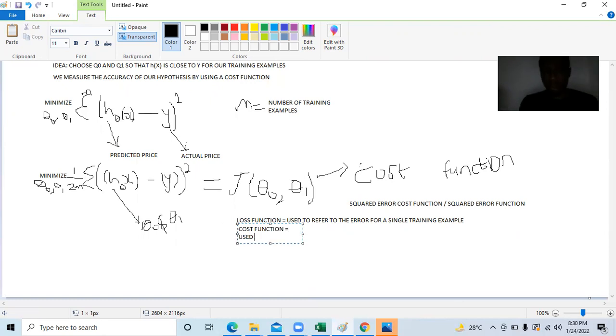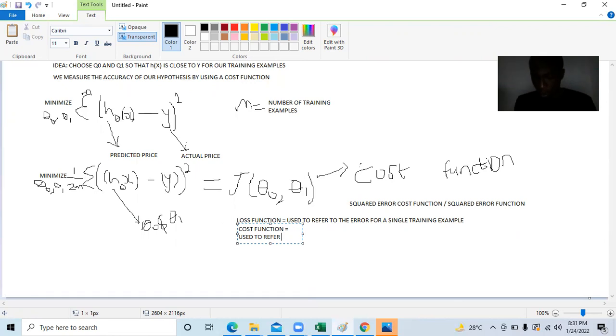I need to write this down as well, because for the rest of your life as a machine learning engineer or as a data scientist, you will keep hearing cost function and loss function. So it's good that you understand what it means now.